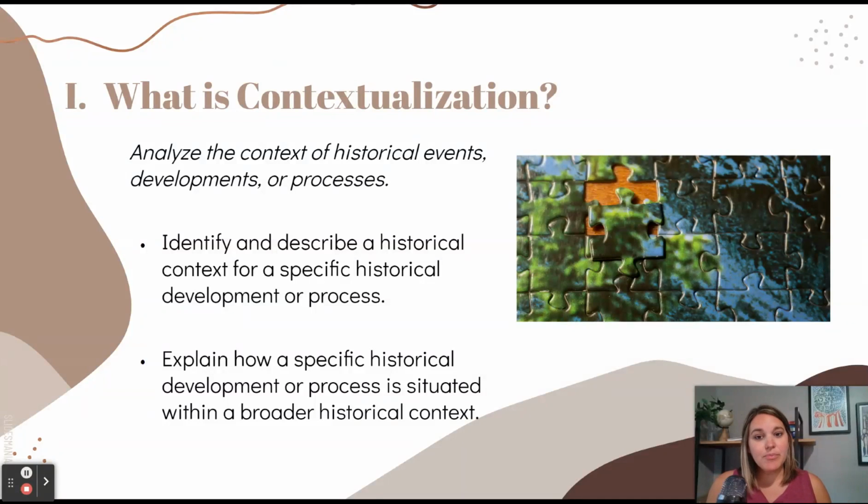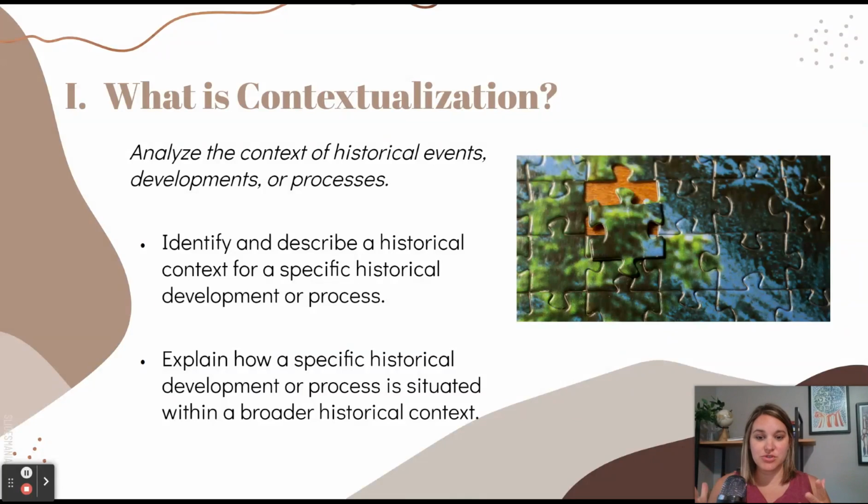So, in my previous lessons, I've described contextualization a few different ways, like a funnel or a set of dominoes, what's knocking over the dominoes. Today, I want to describe it like a puzzle. If you like to do puzzles, you know that it's really important to pay attention to the pieces that are around it. You're going to be looking at color, you're going to be looking at shape, and you're going to try to identify some characteristics to help you find the piece.